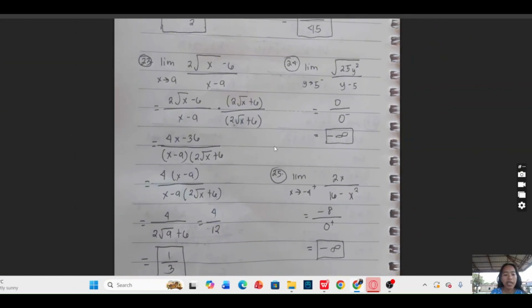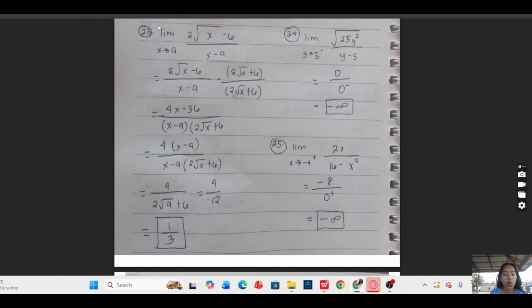Our next limit is number 23: the limit of 2 square root of x minus 6 over x minus 9 as x approaches 9. So we need to rationalize it. Copy this one and change the sign as our numerator and denominator, so that would be the quantity of 2 square root of x plus 6 all over 2 square root of x plus 6.